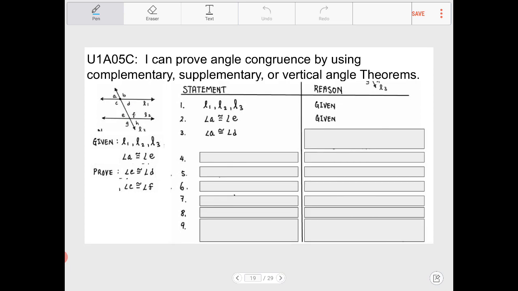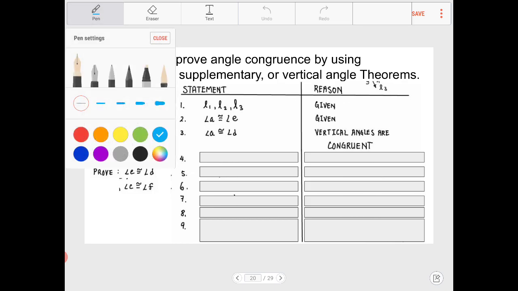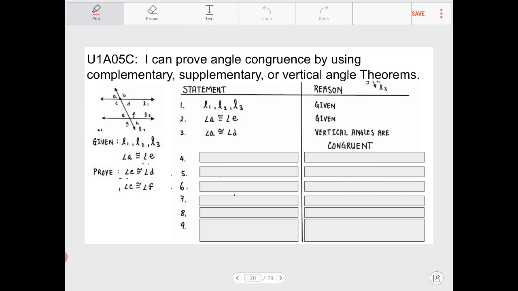Okay, let's take a look. So I know that A is congruent to D because vertical angles are congruent. And since I know that A is congruent to E and A is congruent to D, I can then replace A with E. So the next statement is that E is congruent to D because I'm substituting 2 into 3.